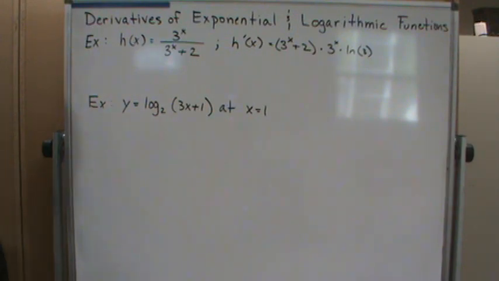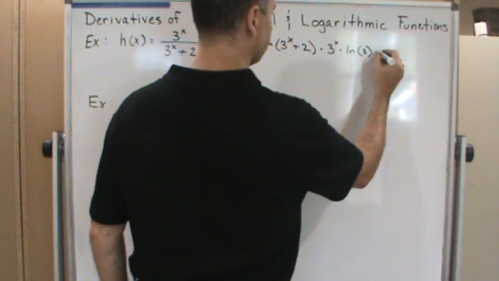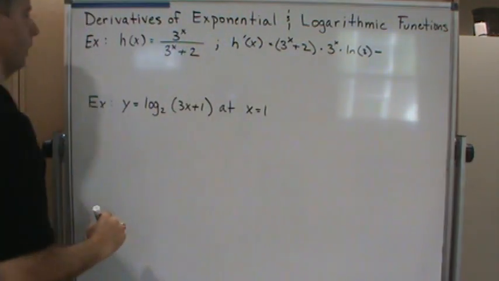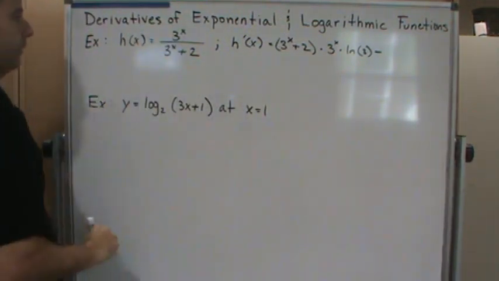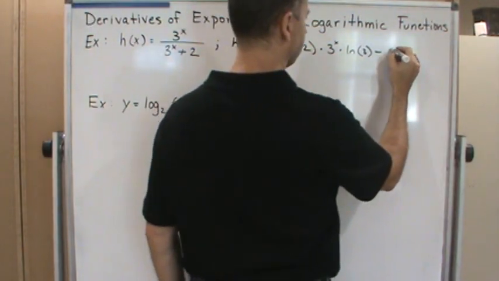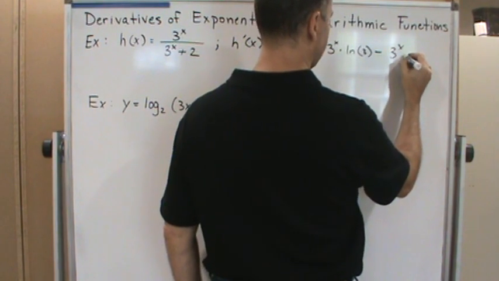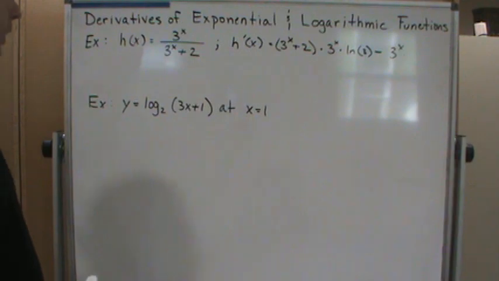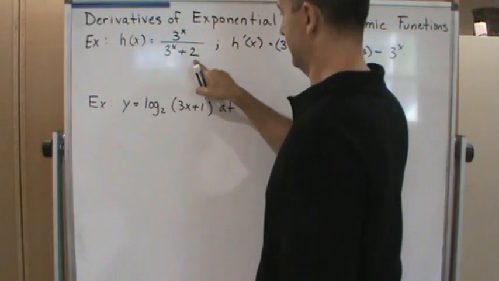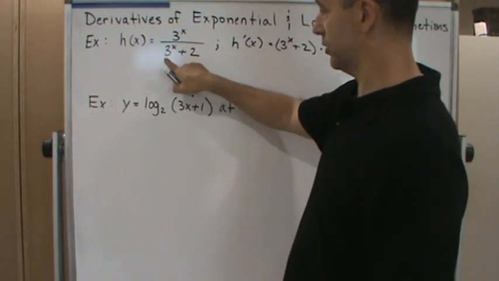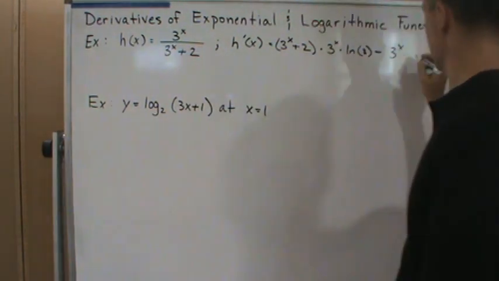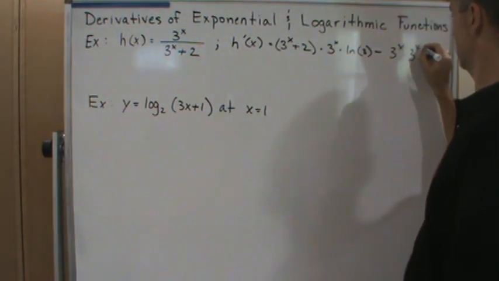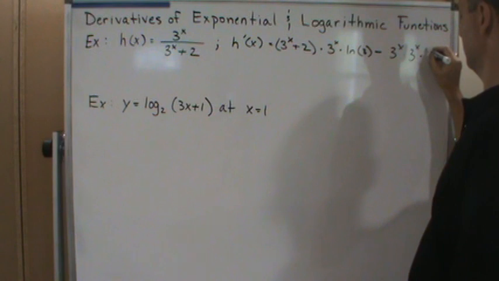And then minus the top times the derivative of the bottom, which is going to be, again, this 2 is going to go to 0, so it's going to be this exponential again, so it's going to be 3 to the x times what?